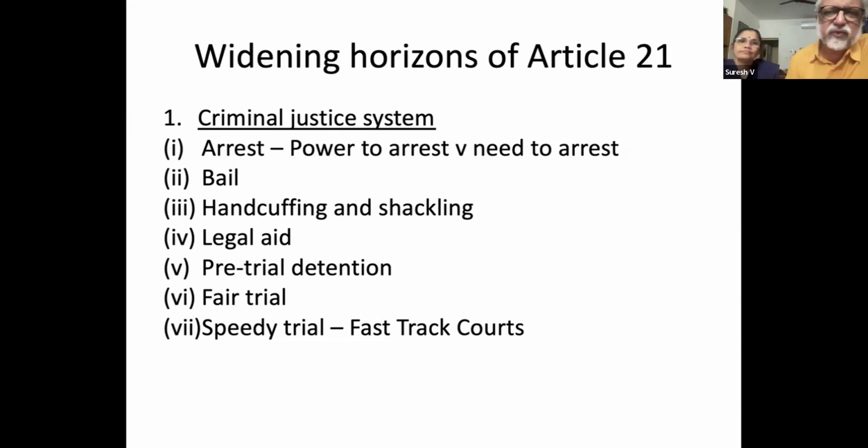So let's see a few things. We've gone beyond time. Now, what have been the changes? What has been the expansion of Article 21 in the criminal justice system? If you see now, the police can arrest, there is a power to arrest under the Criminal Procedure Code. We have seen even in Article 20, etc. But the Supreme Court has now said that while you are arresting a person, you are actually engaging Article 21.